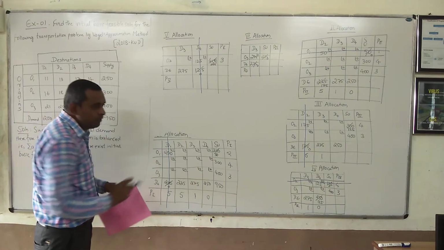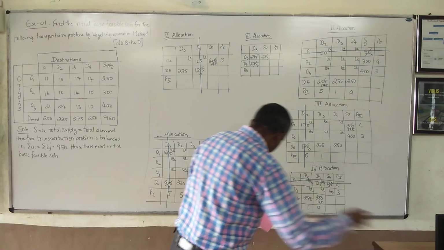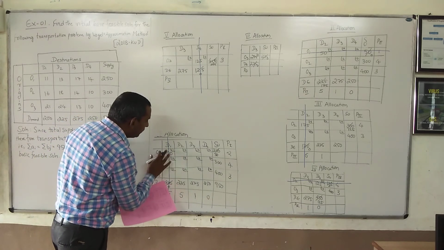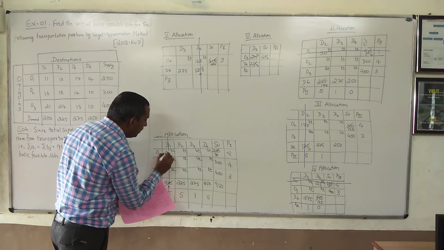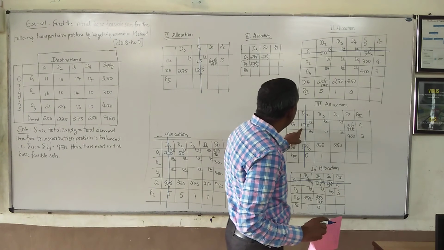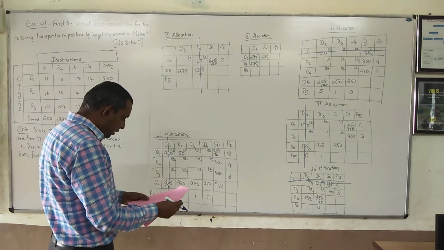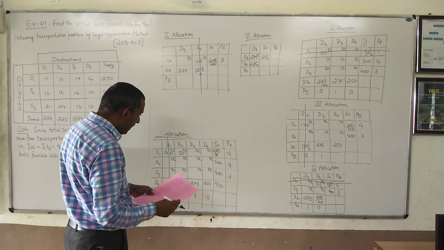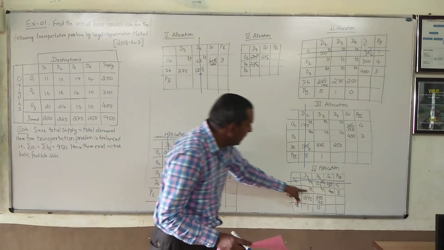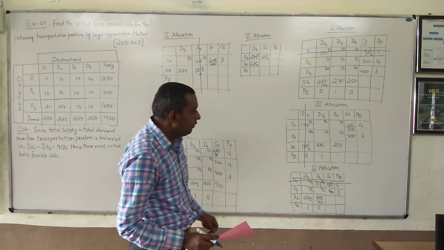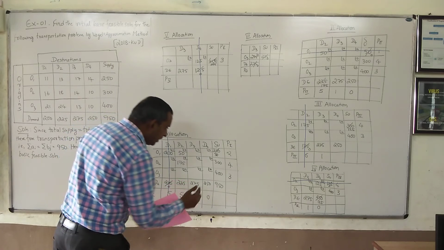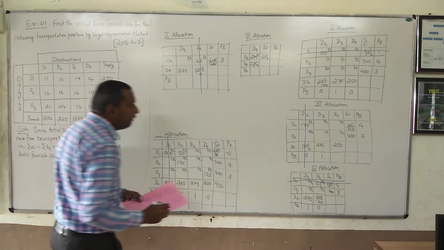So what happens here? Let me write the values here. It is 200 here, followed by 50 here. So let me write 200 here, the first allocation. Then next 50 here. Then next, it is 175. Next followed by 125. Then 125.